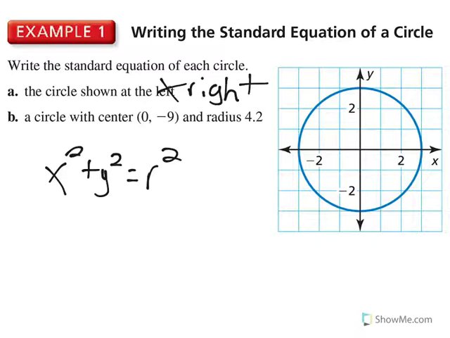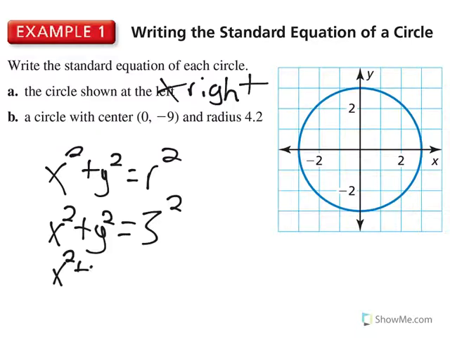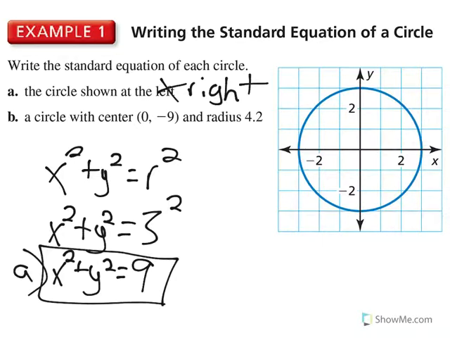So the radius is half the diameter. So that means our radius would have to be 3. And so our standard equation for A would be x squared plus y squared equals 3 squared. And then we go ahead and solve what we can, the 3 squared would be 9. Okay, so here for A, this would be our answer. Okay, standard form.